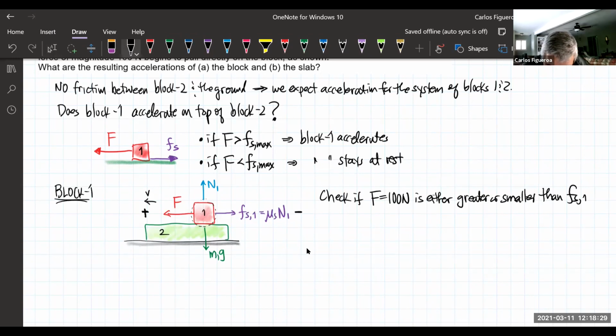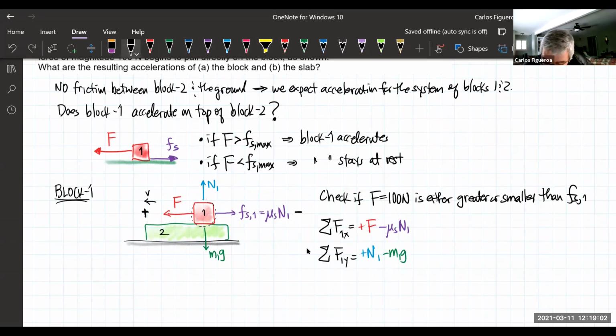So when I look at this thing, you can see that I need this here, right? So when I'm looking here for block 1, I know that this guy's going to be positive F minus the frictional force. And we want to know if this thing is greater or not. And then if I look at the forces, by the way, that was in the X, this is in the Y. Of course, this means positive N1 minus M1G.